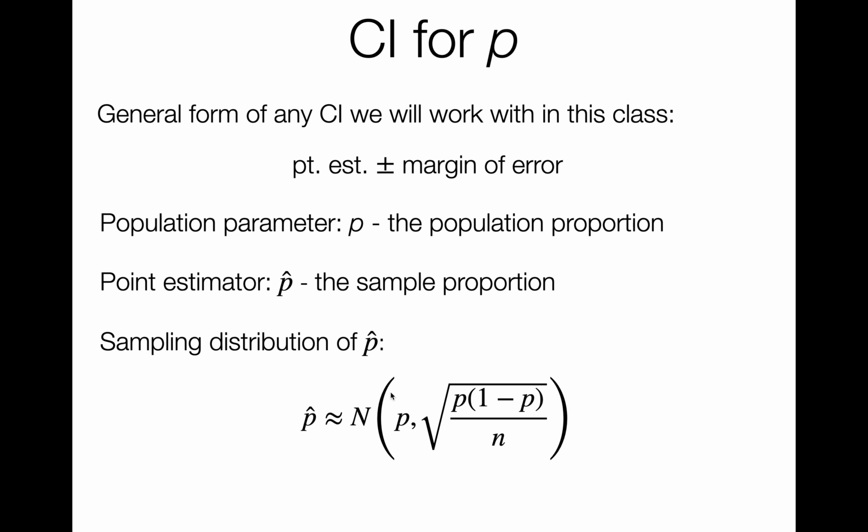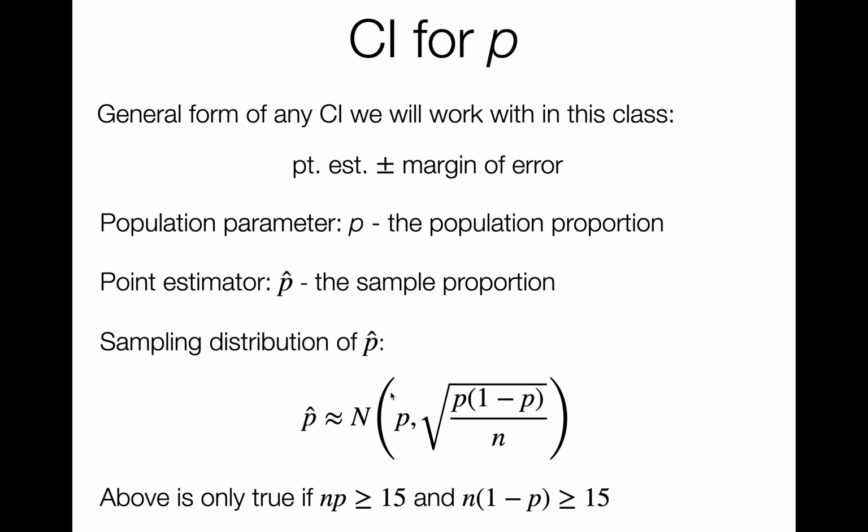It's a normal distribution with a mean of p, standard deviation of the square root of p times 1 minus p divided by n. Okay, great. This is how p hat behaves, and it's going to inform us about what the margin of error should be. Okay, and of course, the above is only true for that sampling distribution if those conditions are met. So we always need to keep that in mind, of course.